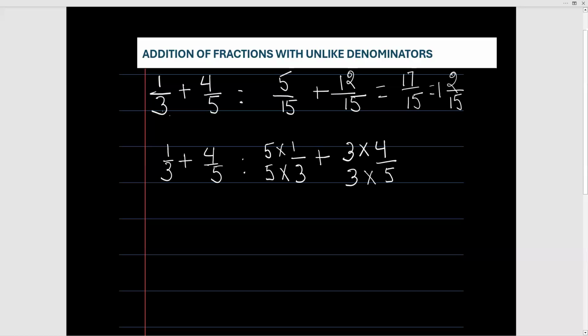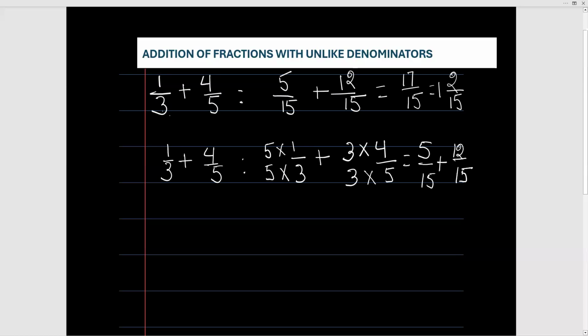So when I do that, the first fraction, I'm gonna have 5 over 15 plus 12 over 15. That's the same as the first approach.